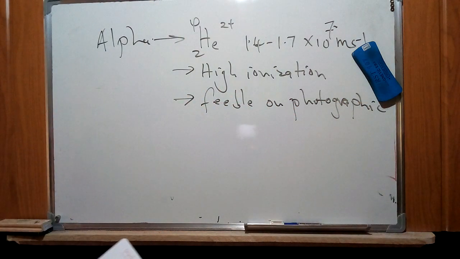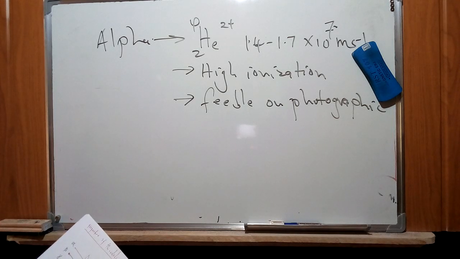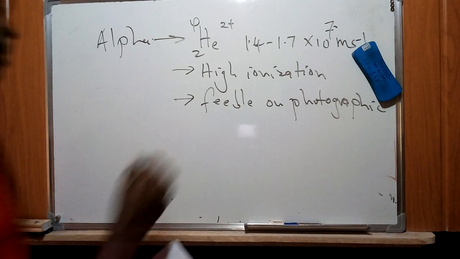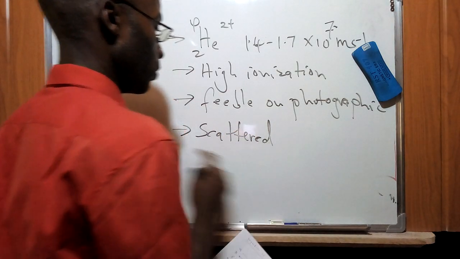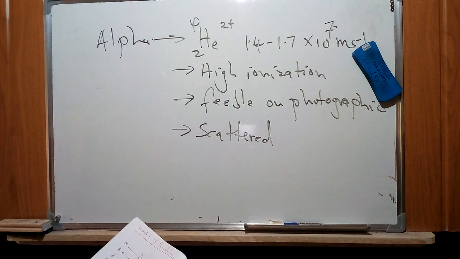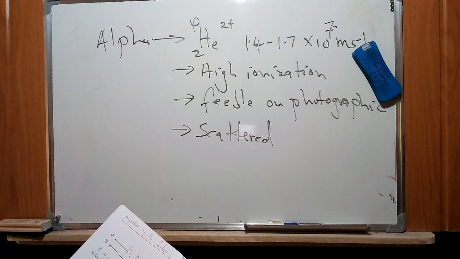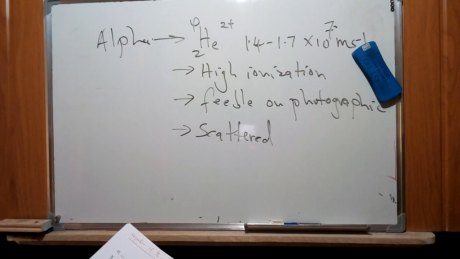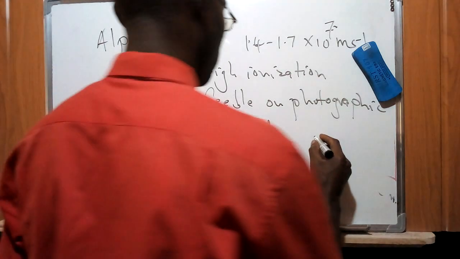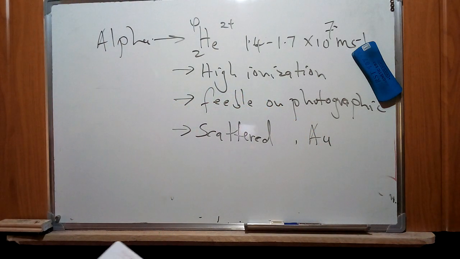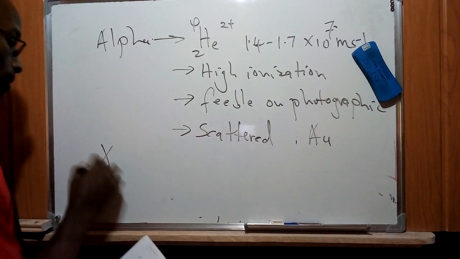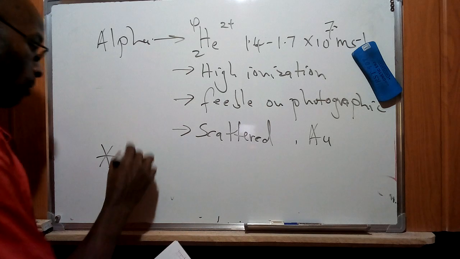And then they are scattered by, of course, whenever they are traveling, they can bombard other elements, but they are scattered by nuclei of heavy elements such as gold, etc. So in actual sense, this kind of radiation can be produced from a radium source.